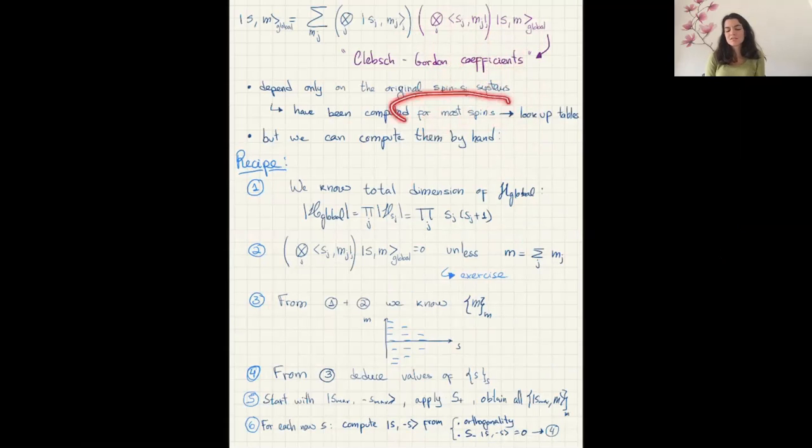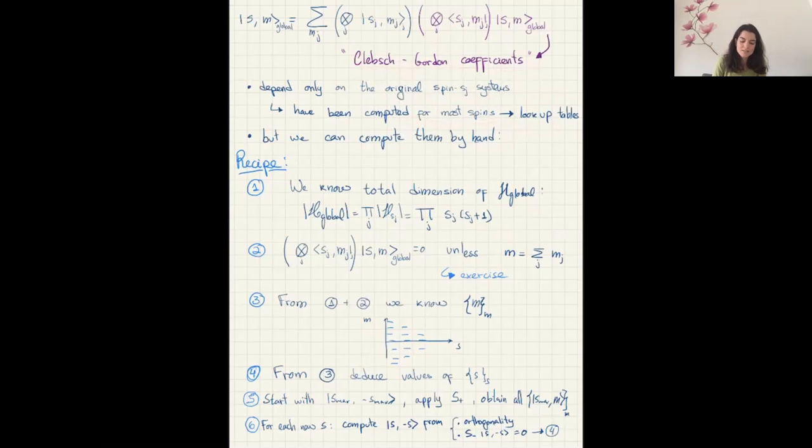For most reasonable combinations of spins, these things have been computed. So in practice, if you're dealing with a problem of combining many spins, you can just look up in a table what these are. They can be derived via group theory in a very elegant way, but we can also do them by hand once, like the triplet. Okay. So I'll just give you the recipe to do it by hand, which is just a generalization of what we just did.